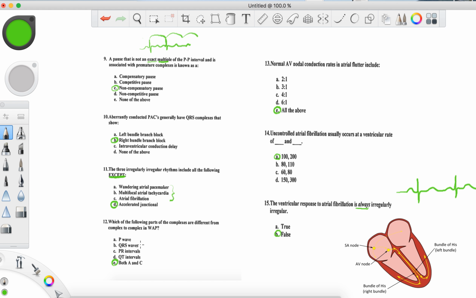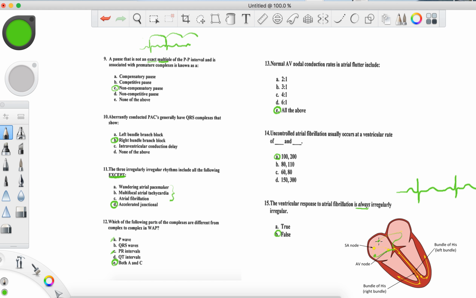Parts of complexes that are different in wandering atrial pacemaker, that's going to be both the P wave and the PR interval. Because remember, if we've got wandering atrial pacemaker, that means the pacemaker site might be coming from here, in which case it'll take a certain amount of time to make it to here. Or if the wandering atrial pacemaker site is coming from here, it'll take a different amount of time.